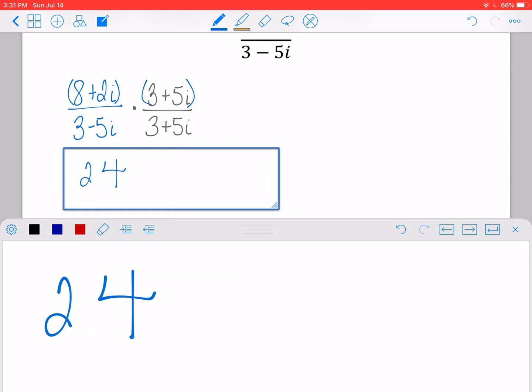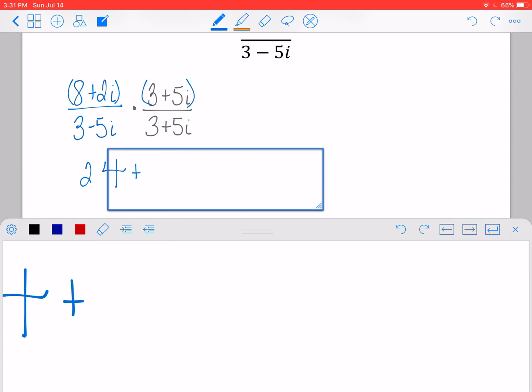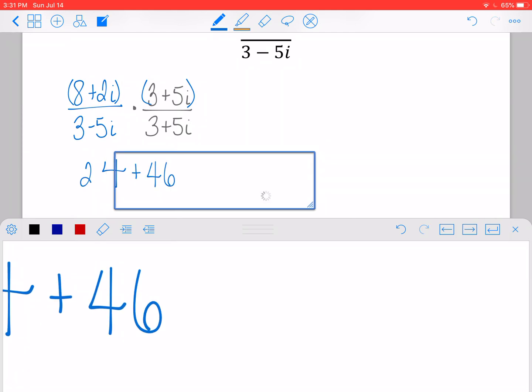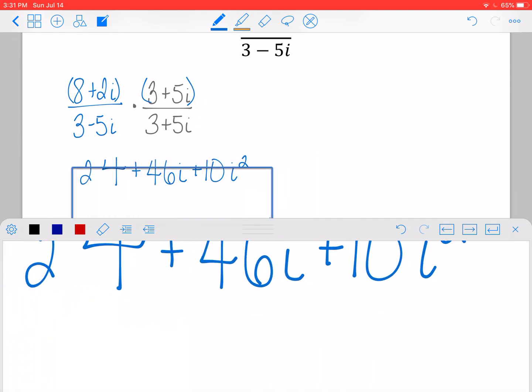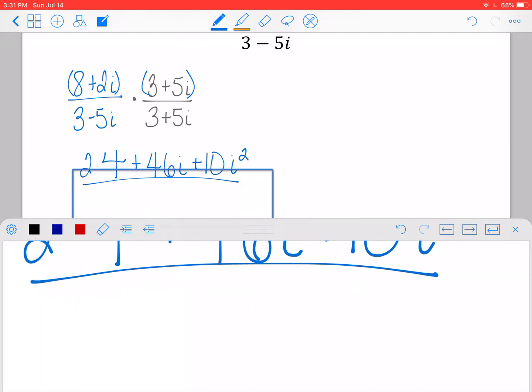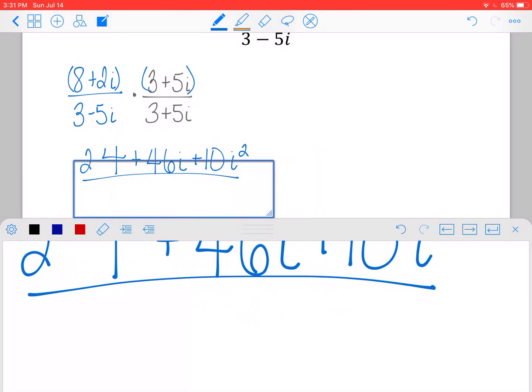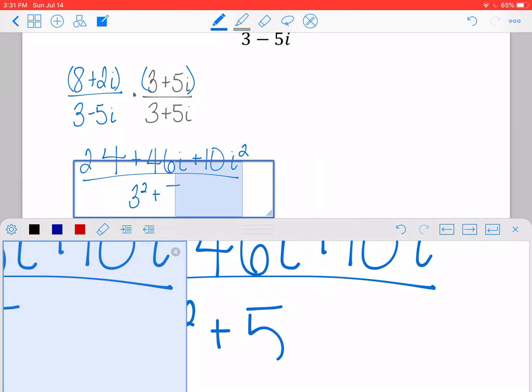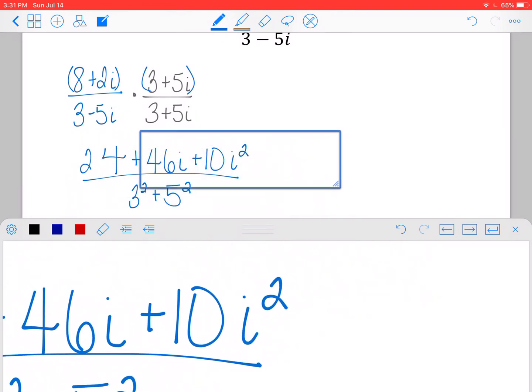On the bottom, our rule says it's a squared plus b squared. So that's 3 squared plus 5 squared. Remember that the i squared is negative 1. Sometimes, rather than rewriting everything, I'll just do this. So we have 24 plus 46i, and then minus 10.